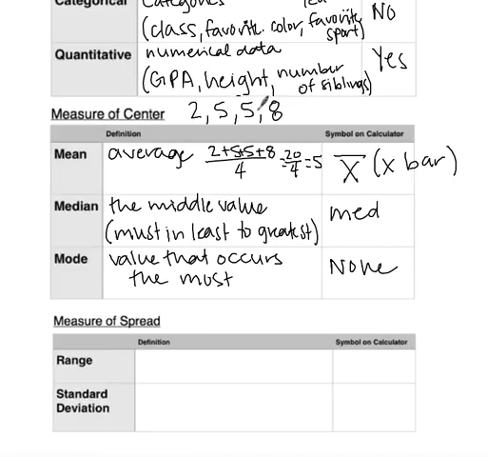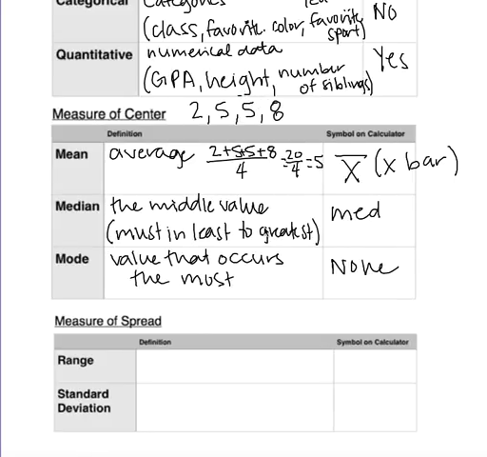Because my second and third number are the same, my middle value would be 5. The value that occurs the most in my set would also be 5 because it shows up 2 times, and 2 and 8 only show up once.